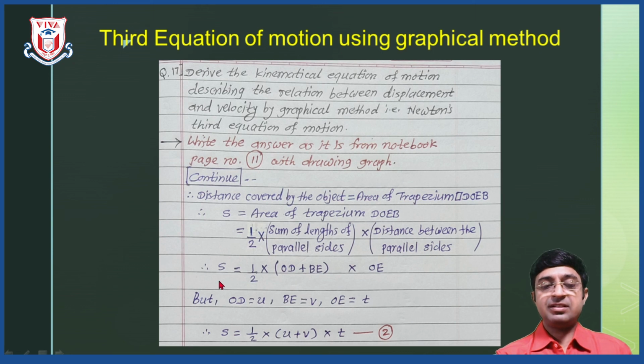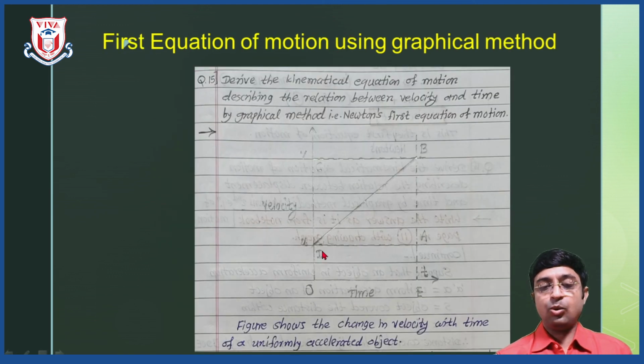So from the graph we substitute these values. Distance covered by the object S is equal to half multiplied by, now which are the two parallel sides, OD plus BE. Now check that here. Which are the two parallel sides? OD and here this BE.